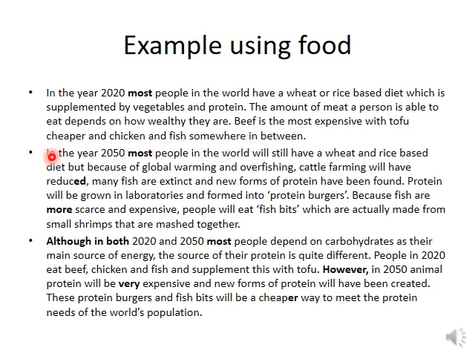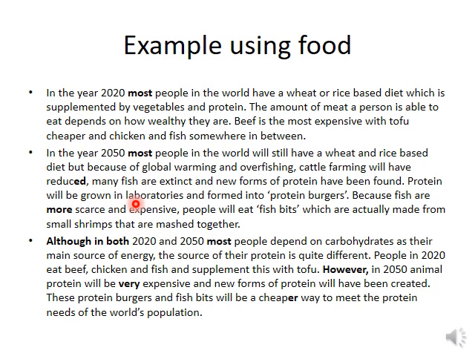Now we're looking at what I imagine the situation will be like in the year 2050. In the year 2050, most people in the world will still have a wheat and rice-based diet, but because of global warming and overfishing, cattle farming will have reduced. As a comparison, many fish are extinct and new forms of protein have been found.